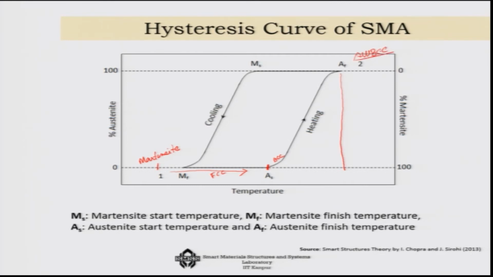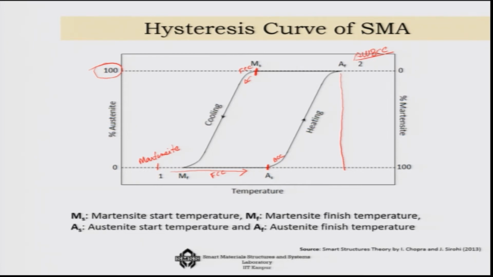Everything has been transformed from FCC to BCC, austenite finish, and I go to the parent shape of the system. What happens if I again cool the system? This is 100% austenite. If I cool it again, at a particular temperature MS, the BCC will start to transform to FCC, not all of it, just the start of the process.